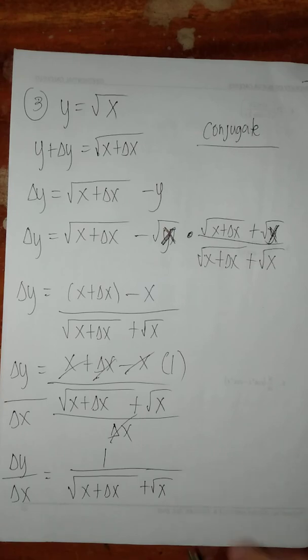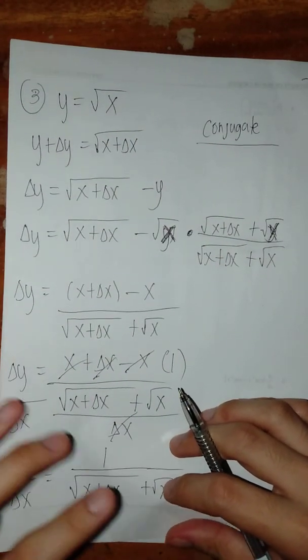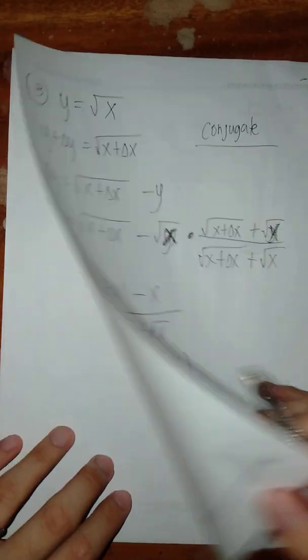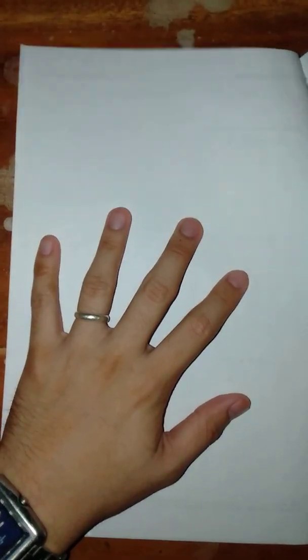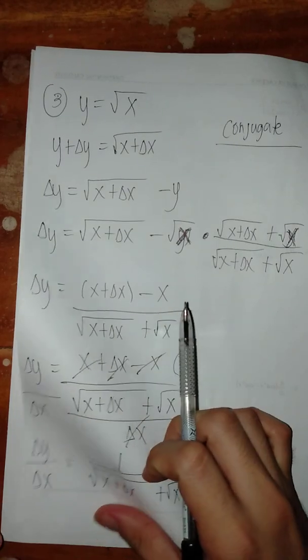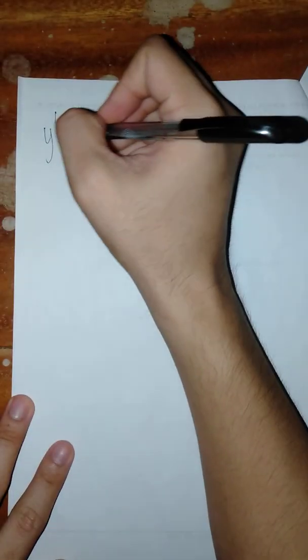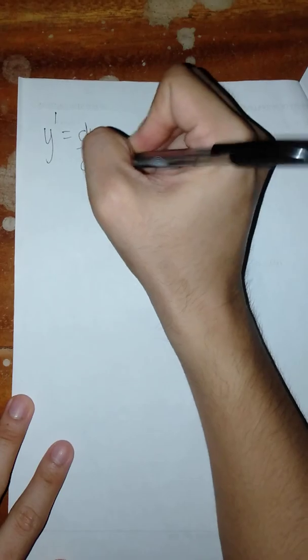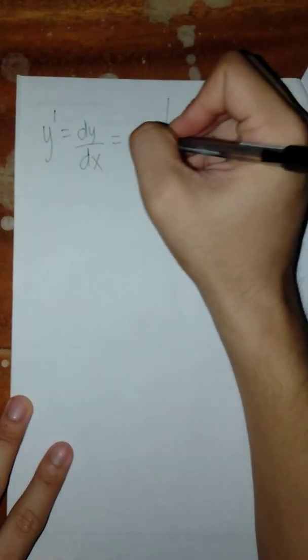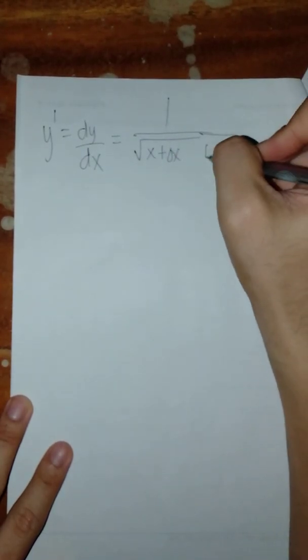Then, to have the finishing touch sa solution natin, get the limit of both sides as delta x approaches 0. Yung delta y over delta x, that's already the derivative pag kinuha mo yung limit. So, it becomes y prime, or pwede ring dy over dx, is equal to 1 over the square root of x plus delta x plus square root of x.